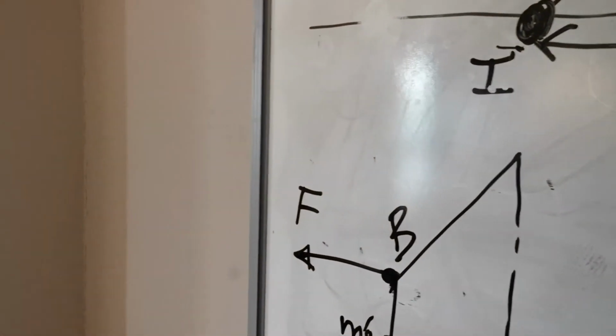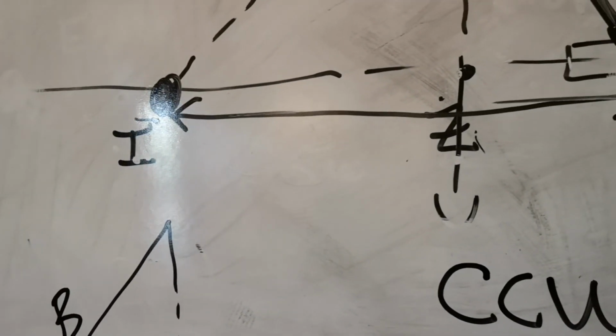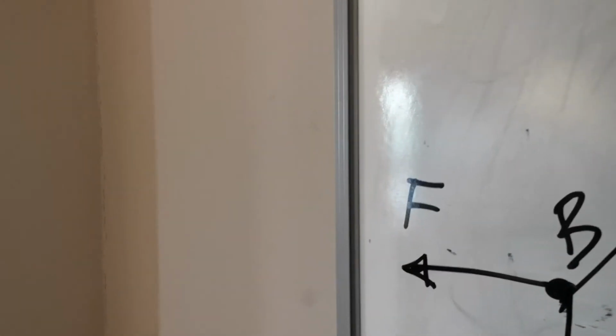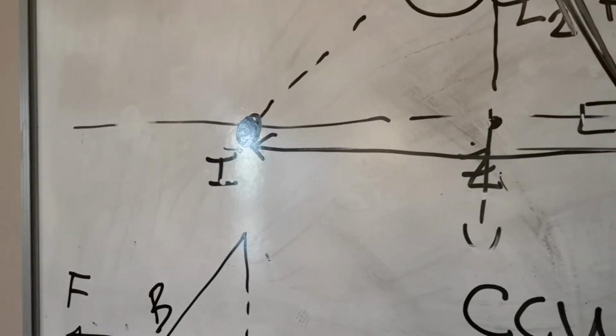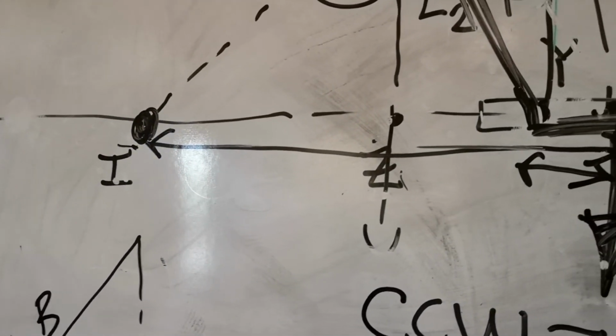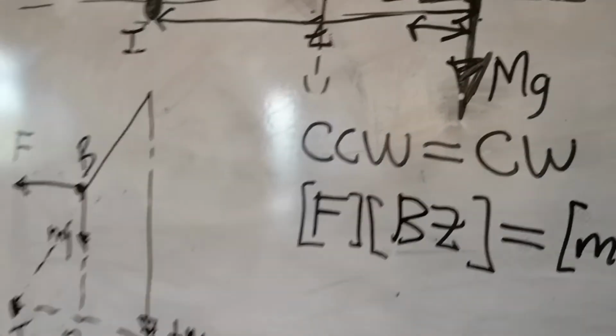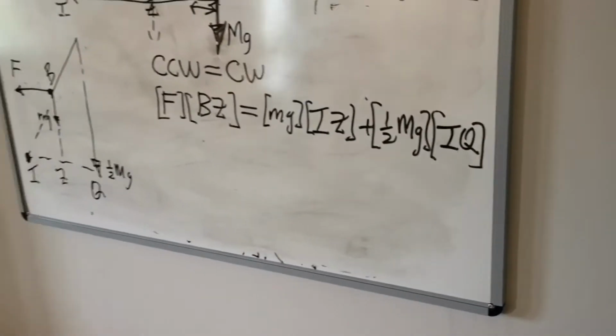There's a weight, mg, and the perpendicular distance would be IZ. And then the weight because of the other one, half of the sleeve, and the perpendicular distance would be IQ. That's the basic equation over there.